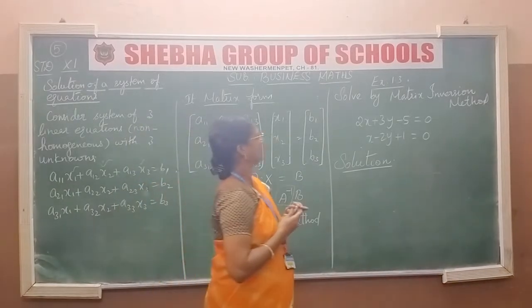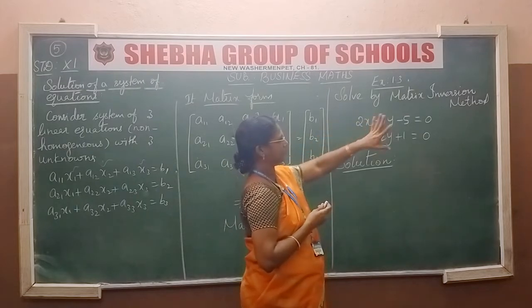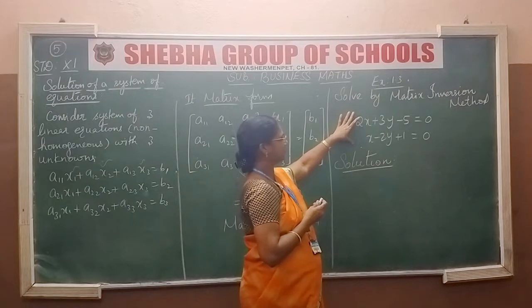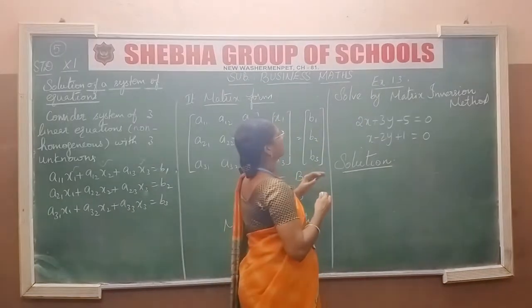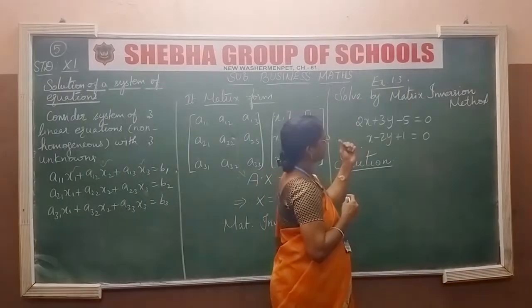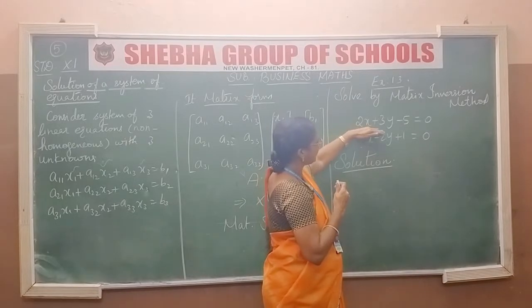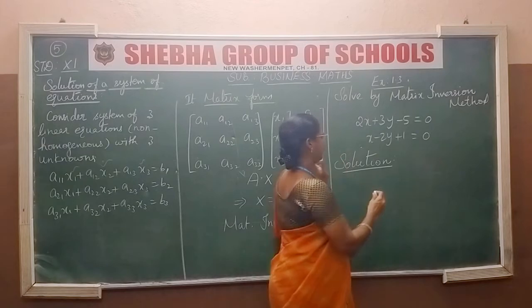Let us see one example. Exercise 1.3, solve by the matrix inversion method. 2 equations are given. Sums are given with either 2 equations or 3 equations only. First, we rewrite the equations in standard form. Standard form means we keep all the variables on the left hand side and the constants on the right hand side.